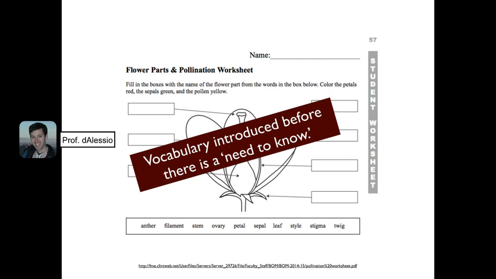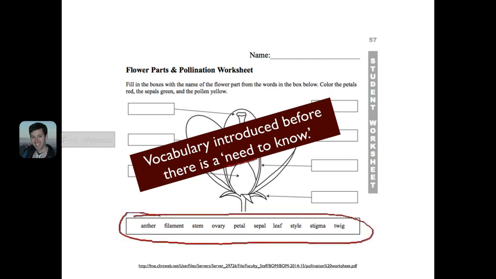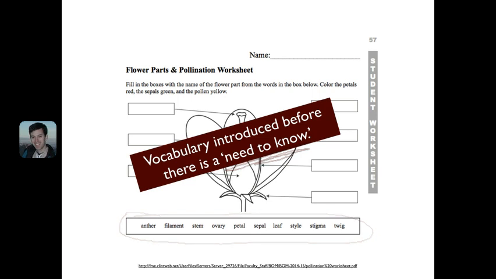One of the first things I thought about this lesson is that it introduces a whole bunch of vocabulary before it introduces what I call a need to know. Now there's a lot of discussion of front-loading of vocabulary, where you introduce essential words that people can't understand the concepts unless they understand those words.